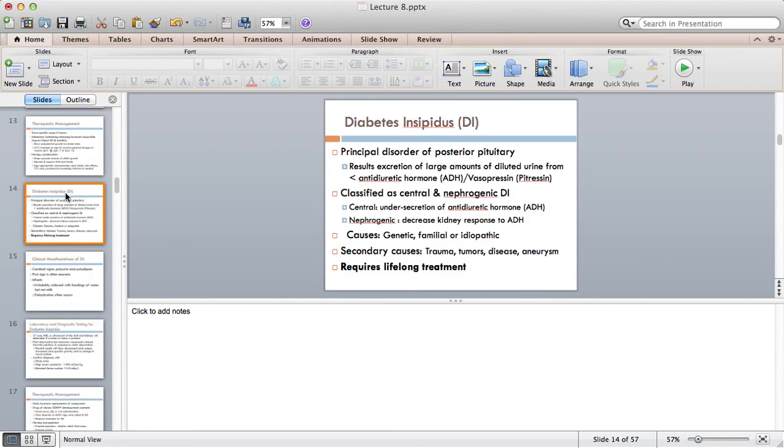But because it's less, it's not functioning, it's allowing a lot of fluid to be eliminated from the body.